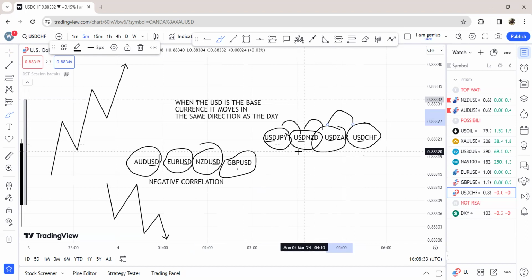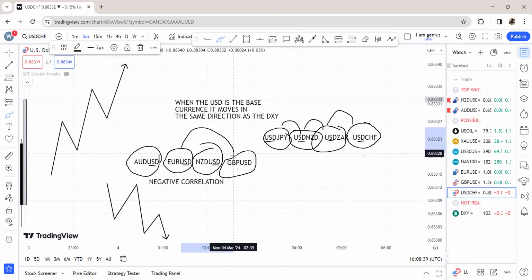And then these ones here, you can say Euro USD, and GBP USD. These ones also have a positive correlation. All these currencies here have a positive correlation to each other. Why? Because these ones always move in the opposite direction as the DXY.